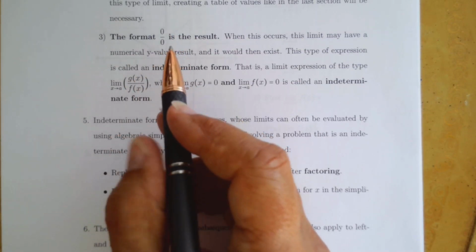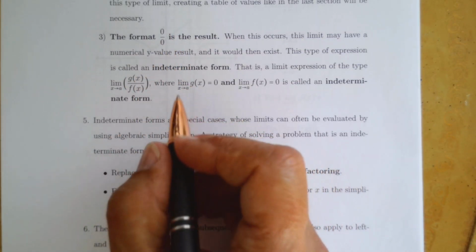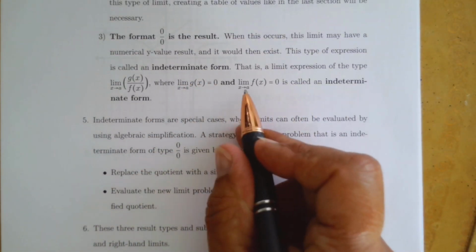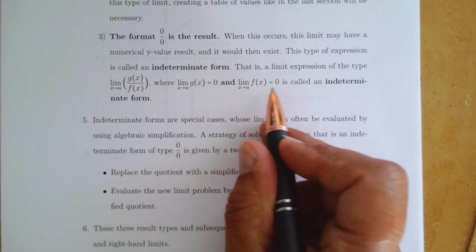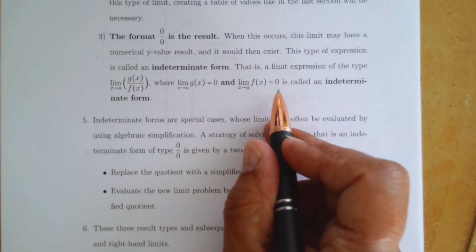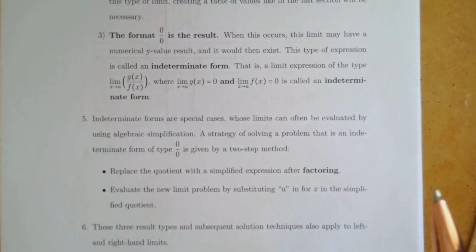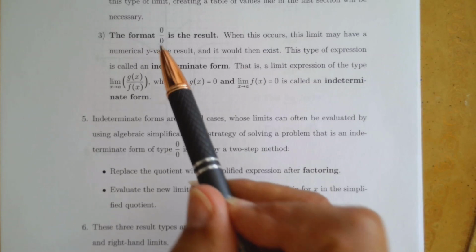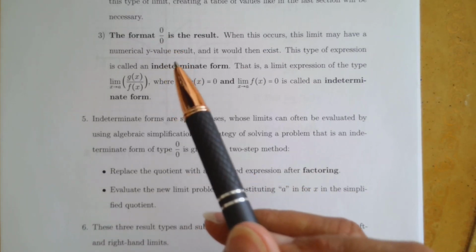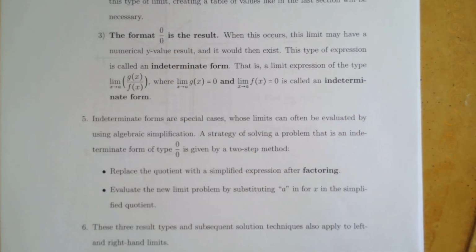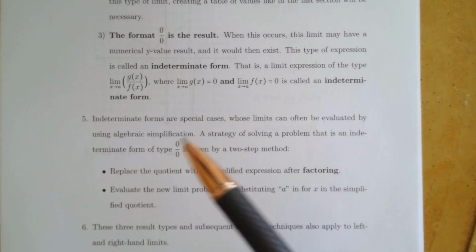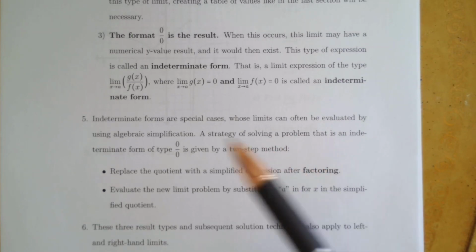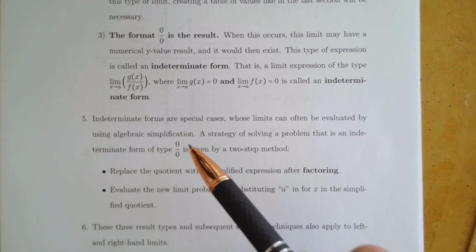So when you have a division problem or a rational function, where the limit as x approaches a of the numerator equals 0, and the limit as x approaches a of the denominator equals 0, this is called indeterminate form. So when you see this, that means you have to keep going and figure out what the actual answer is. Number 5 talks about how to do that. It says indeterminate forms are special cases whose limit can often be evaluated by using algebraic simplification.